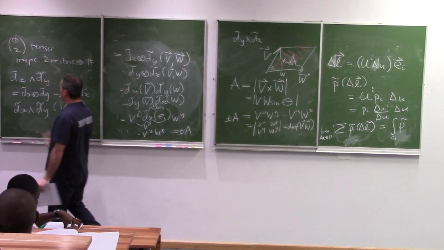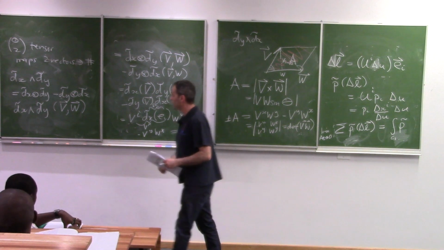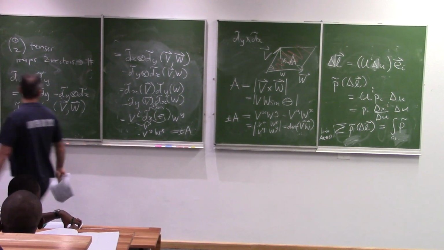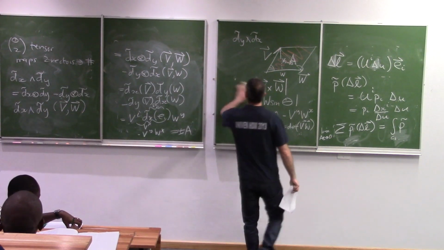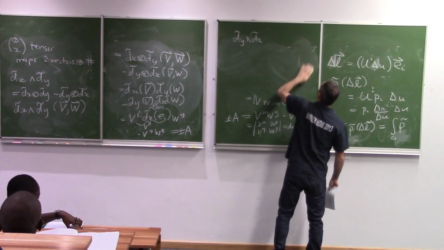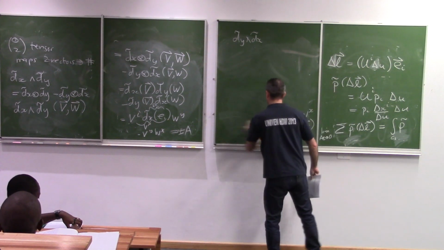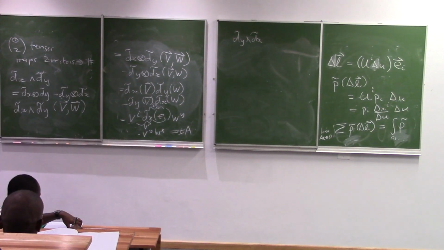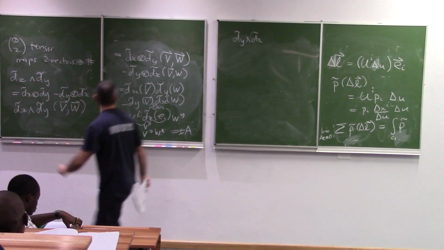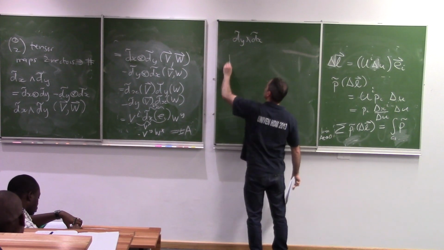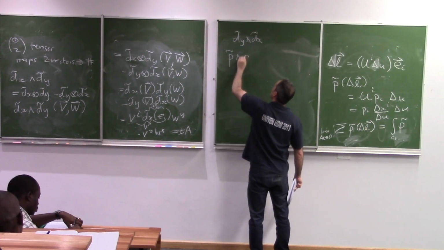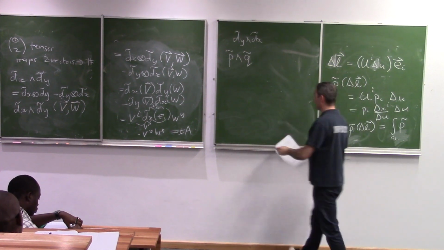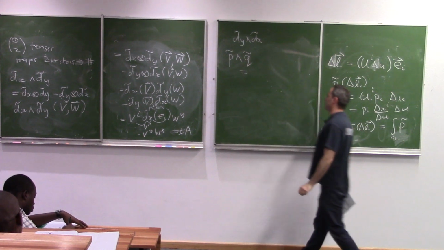Right, so we can generalize this definition of the area 2 form to give the wedge product of any two arbitrary 1 forms, and that's going to give us what's called a 2 form. So I take two arbitrary 1 forms and create a new 2 form, which is a special 0-2 tensor.